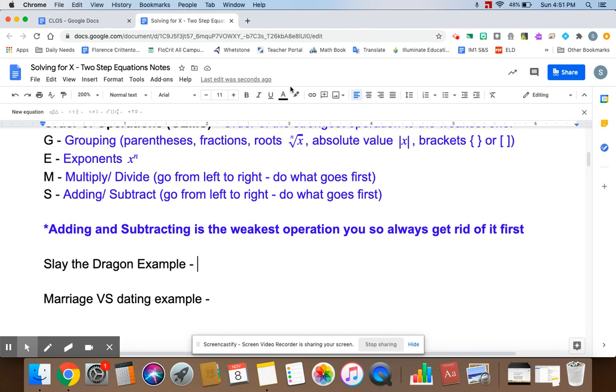So I have the Slay the Dragon example, where one way to think about it is X is the heart of the dragon. And you're trying to slay the dragon. Maybe there's a princess you're trying to save. I don't know. But you're trying to get rid of this dragon, and to kill it, you gotta get to the heart. But the dragon's protected, and it has all this stuff around it. So the heart has all this stuff protecting it.